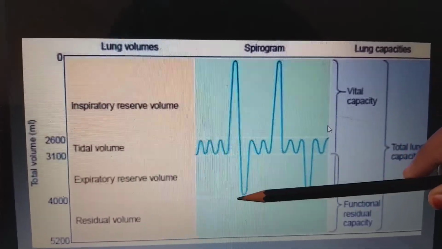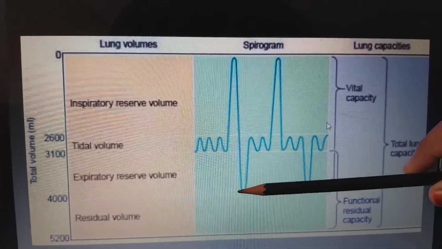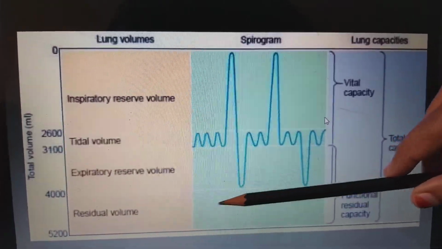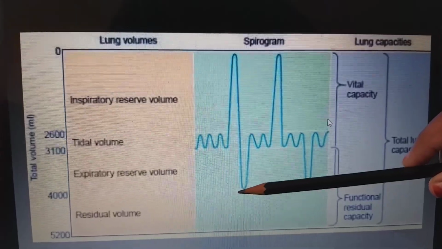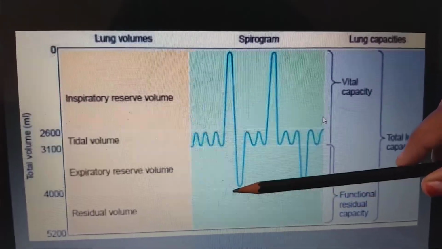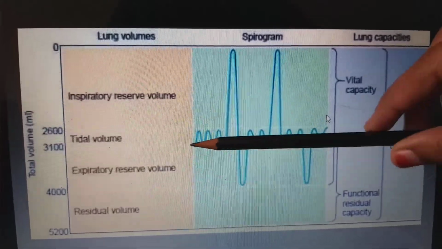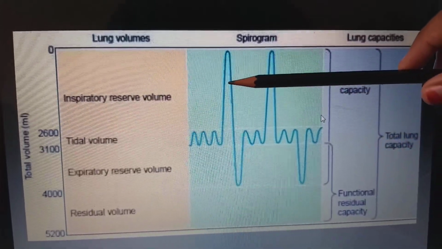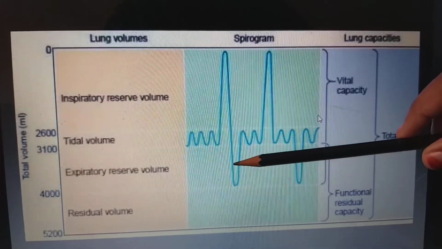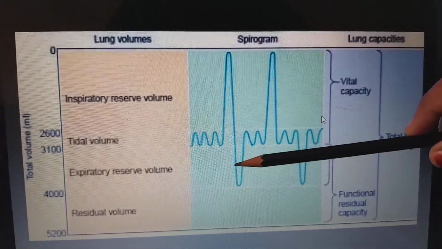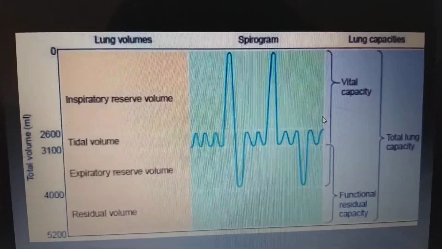And residual volume: after forceful expiration also, some amount of air will remain inside the lungs, that we call residual volume. This is around 1200 ml. So the tidal volume, above this is inspiratory reserve volume, below that is expiratory reserve volume. Even after expiratory reserve volume, the air that remains in the lungs we call residual volume.